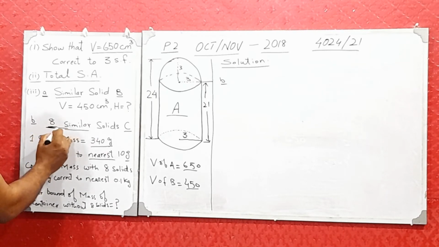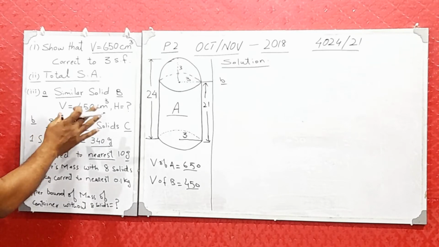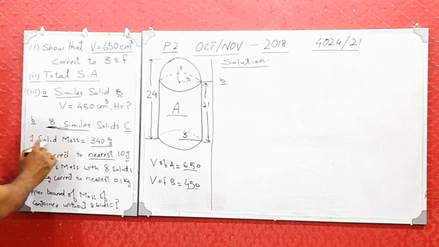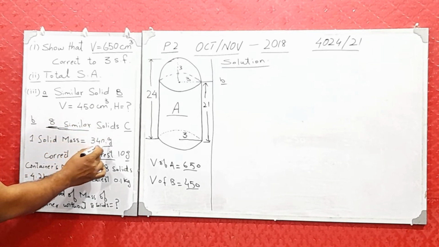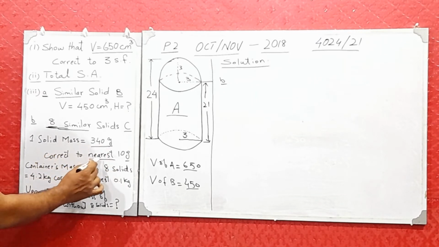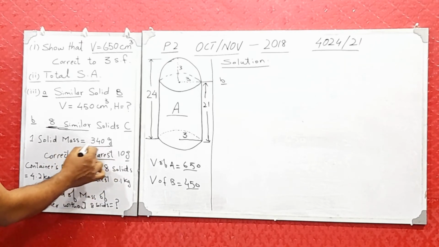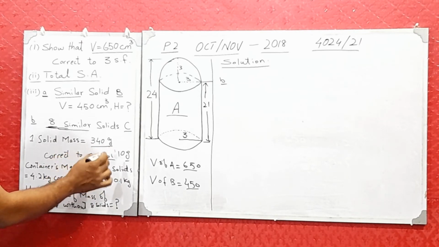One solid C's mass is equal to 340 grams. This is given in grams, and it is correct to the nearest 10 grams.